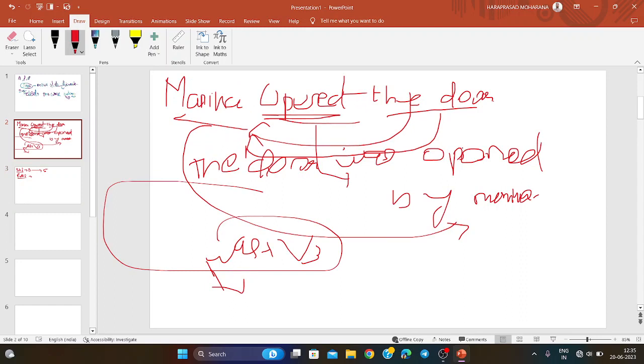See, the door was opened by Monica. The subject of the earlier active sentence becomes the object in the passive voice by the use of by: by Monica, by Rama, by her, like this.